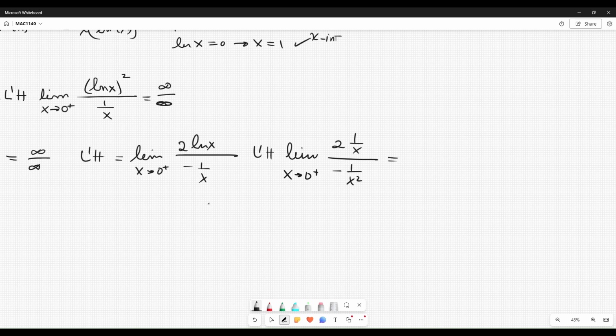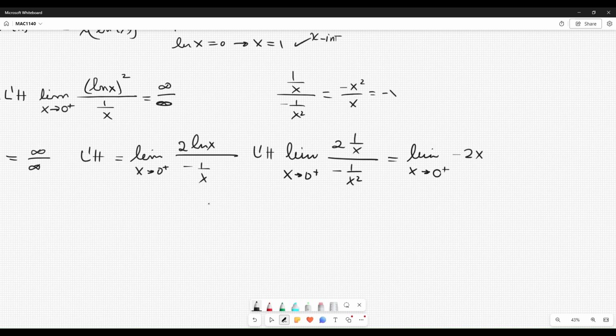The algebra: the limit when x approaches 0 plus of, bueno, this is minus 2x, no? Because the simplification here, 1 over x divided by negative 1 over x squared, is negative x squared over x, no?